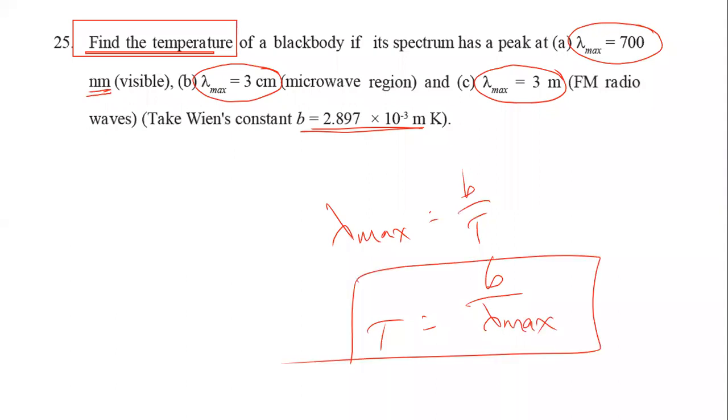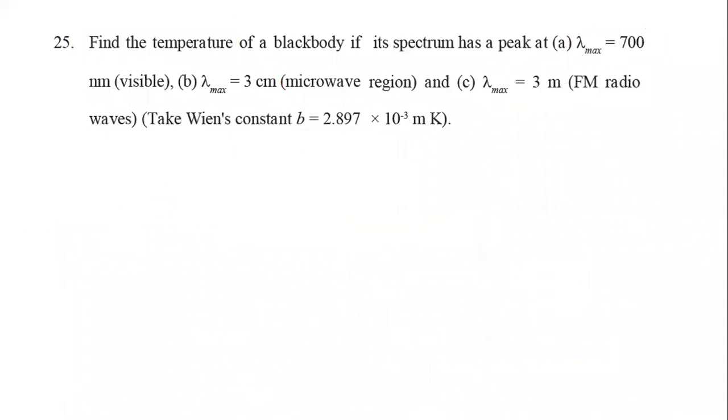Now you can find T1 using B upon lambda max 1, T2 using lambda max 2, and T3 using the maximum wavelength value of 3 meter. Means three temperatures you get in the answer.